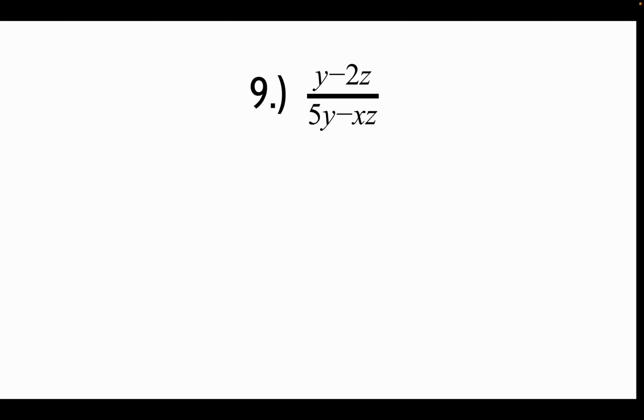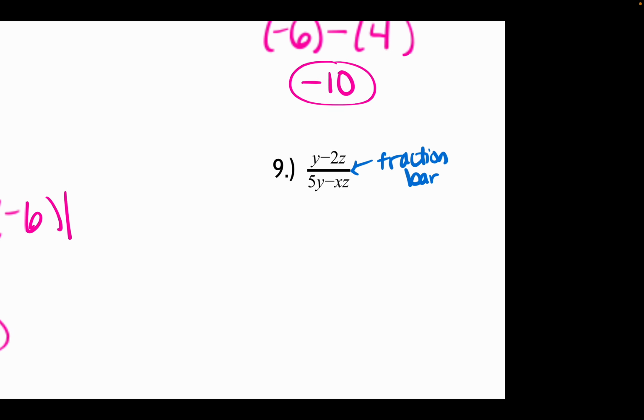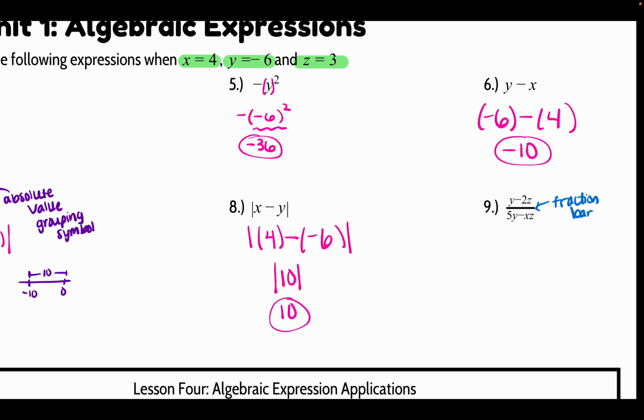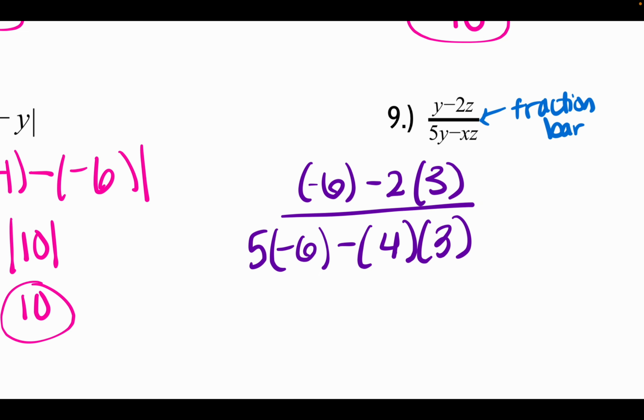And then our next one, so we have a big fraction bar. So what we're going to do is we're going to evaluate the top and the bottom. So let's first plug everything in. So y is negative 6 minus 2 times z, which is 3, all over 5 times negative 6 minus 4 times 3. Okay.